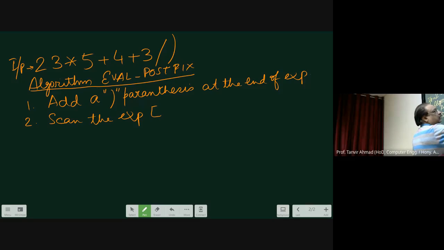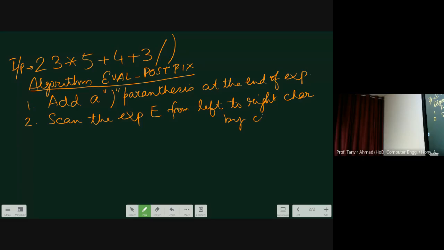Let us take it as E. I scan the expression E from left to right, character by character, until this right bracket is found.